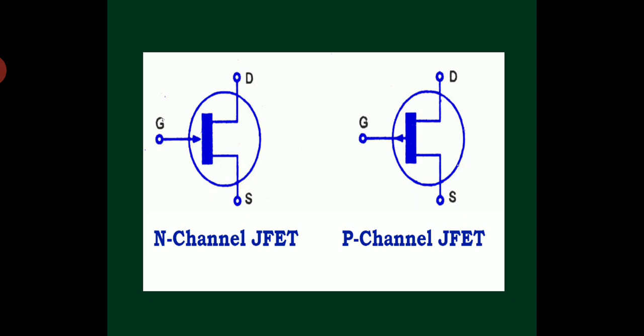Field effect means output current is dependent on the input field which we are applying to the FET. So in FET, output current is dependent on the input voltage applied to the input terminals.